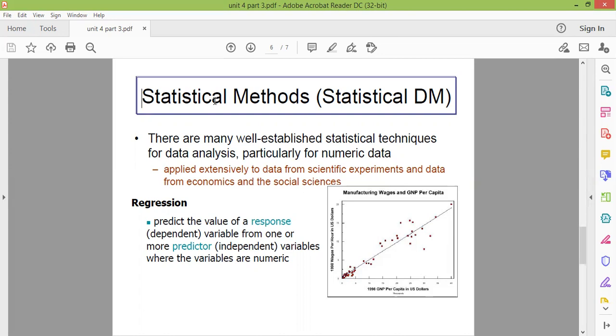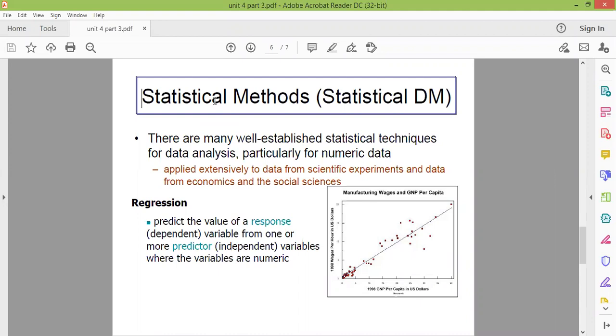Usually statistical techniques are good examples for your data science applications, where you have a collection of data and you need to analyze certain patterns in it. Statistical techniques are a very good method to predict the patterns in numerical data.